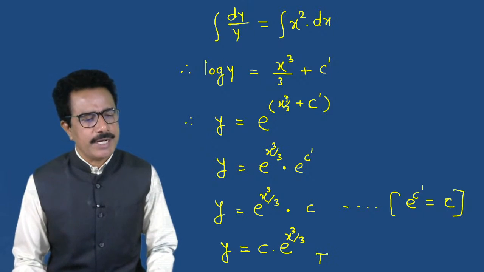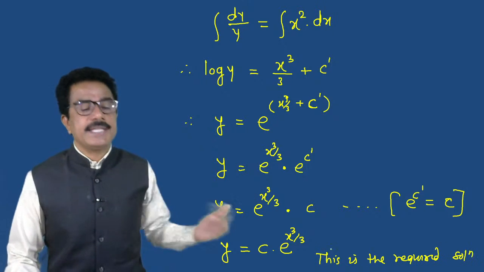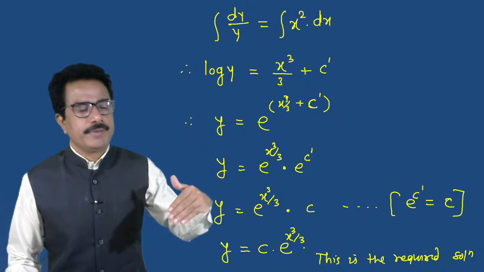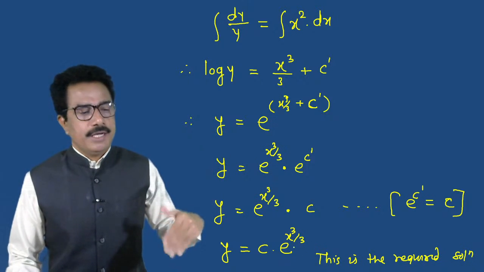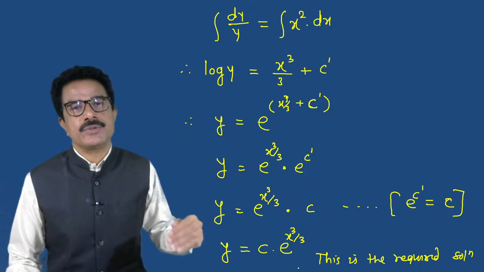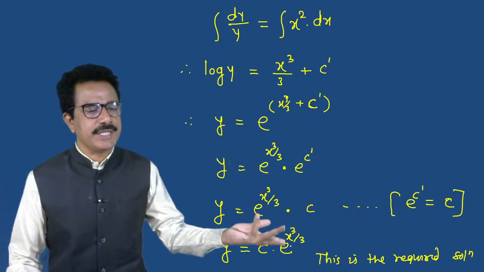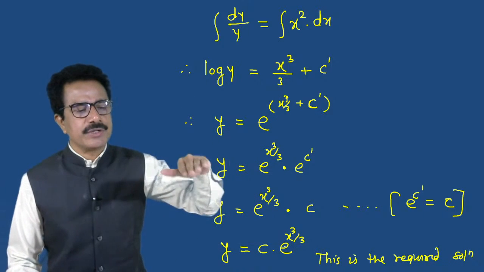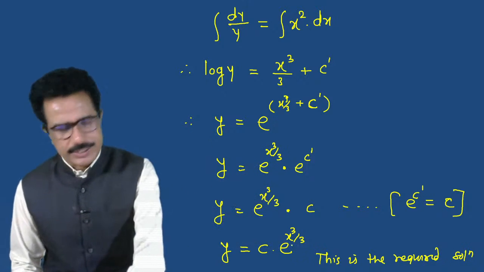This is the required solution. आणखी कसं करता येईल? e raised to x cube divide by 3, आता डिव्हिजन आहे ना, डिव्हिजन एक्सपोनेन्शियल मध्ये e raised to -3 येतो, -3 c into e raised to -3 means अगेन c. म्हणजे फायनल आन्सर y इज इक्वल्स टू c into e raised to x cube. या फॉर्म मध्ये सुद्धा लिहू शकता, काही अडचण नाही.